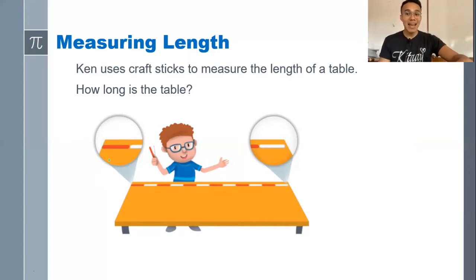It means Ken is doing this correctly. Ken is measuring the table correctly. Next, we are going to count the number of sticks he uses. Let's count the number of sticks Ken used to measure the length of the table.